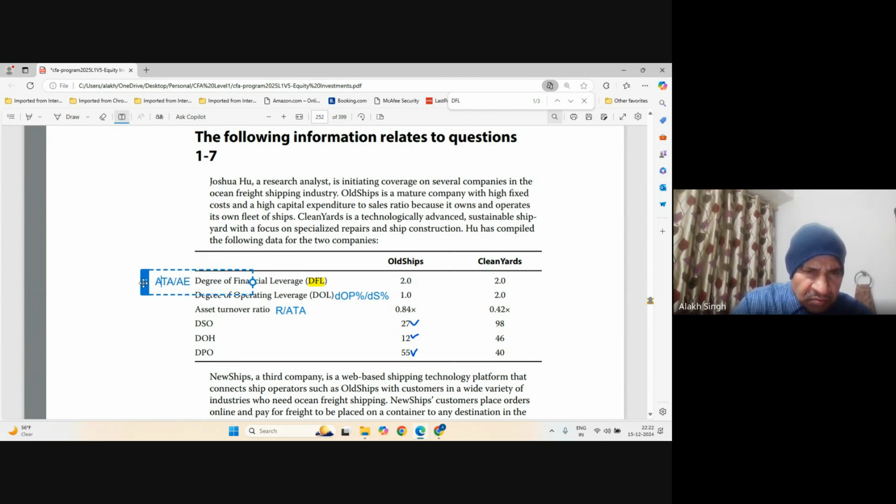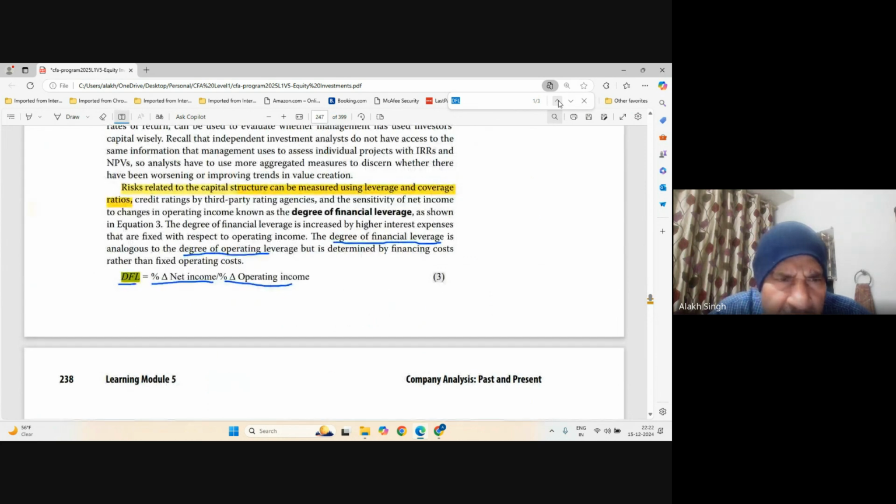And the other formula was the multiplication, DFL. Let me search it, Control F, DFL. Oh yeah, where is that? One is this, and where is the other one? Here. Percentage change in net income divided by percentage change in EBIT, okay, it is EBIT actually.